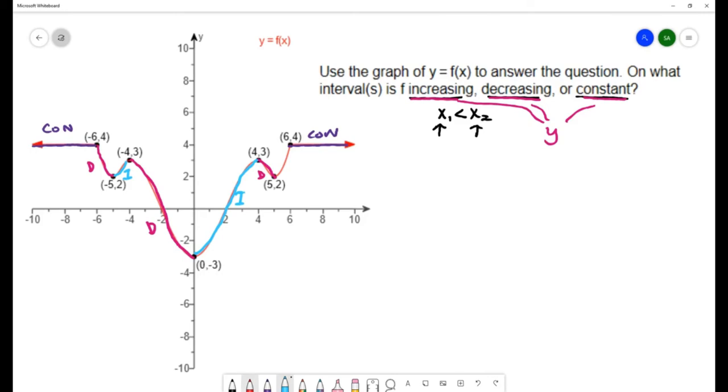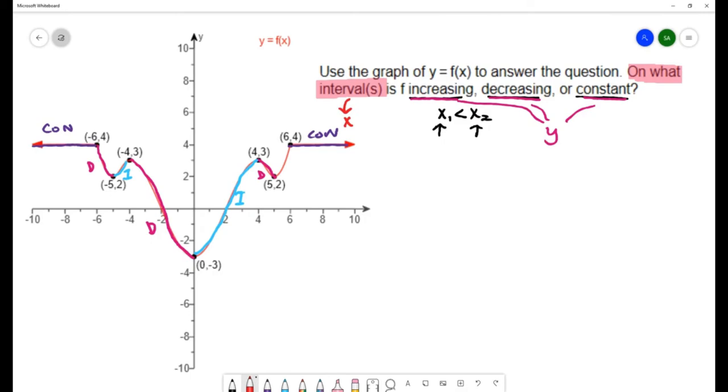And when we try to answer the question on what intervals, this question is asking us to state the x's, the intervals of x, where the increasing, decreasing, and constant are occurring.